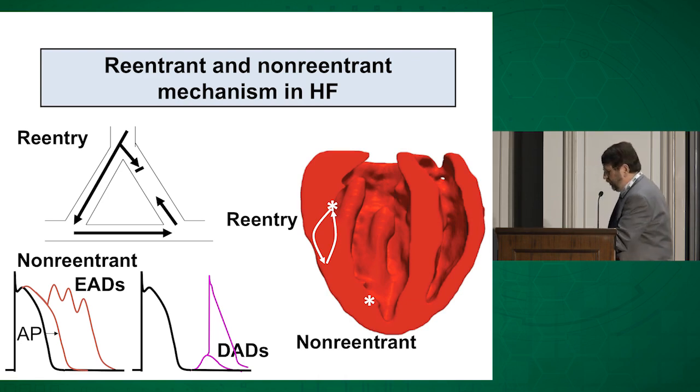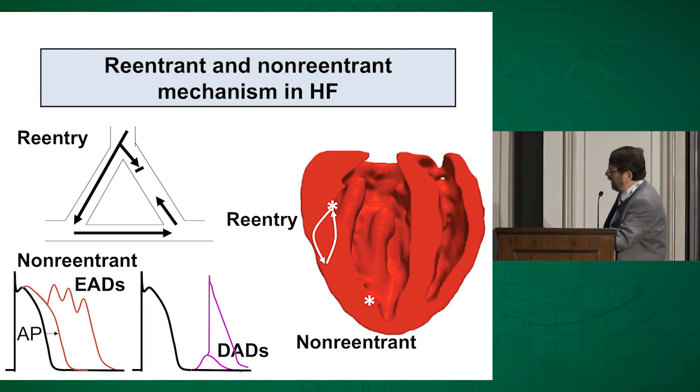And this is one of several slides that schematically summarizes several years of work, but it really shows that for studies that we and others have done in mapping with plunge electrodes in the human heart, as well as in the infarcted canine heart, as well as in a rabbit model of heart failure with pressure and volume overload, one can demonstrate evidence of reentry as a mechanism by which VT initiates.